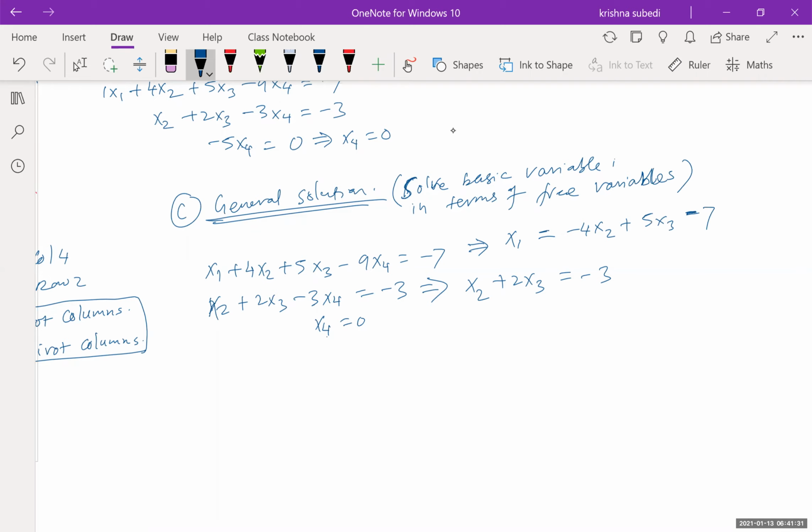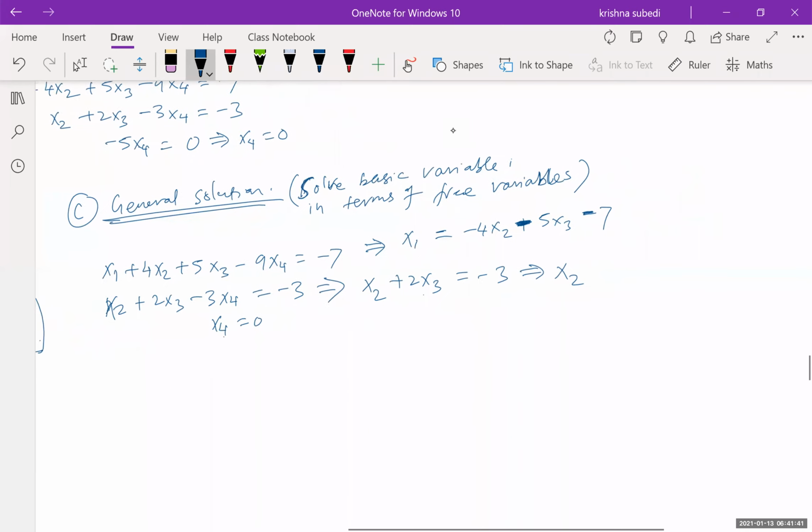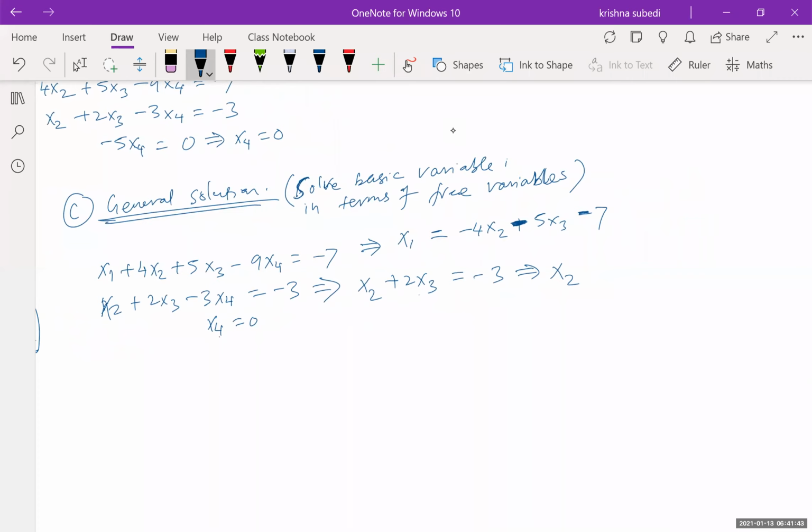Is that right? I mean, not plus, this is minus. Now remember, x3 is free, so you must write this in terms of x3 only, because on the left-hand side we need to have the basic variable. No free variable is allowed on the left-hand side. That's what I call solving for the basic variables in terms of the free variable.